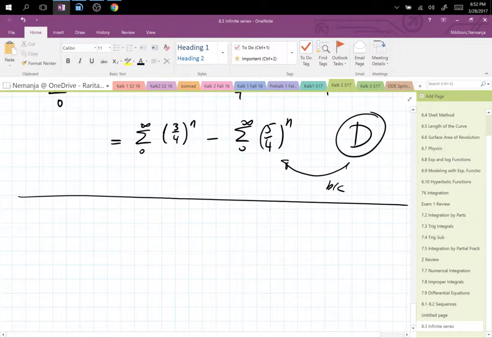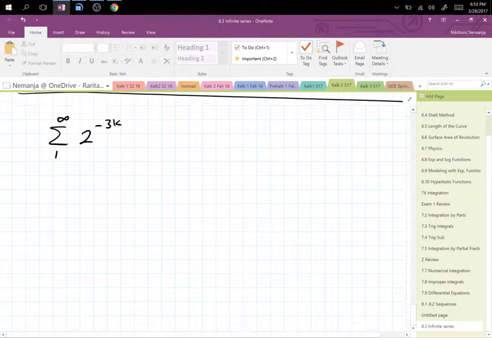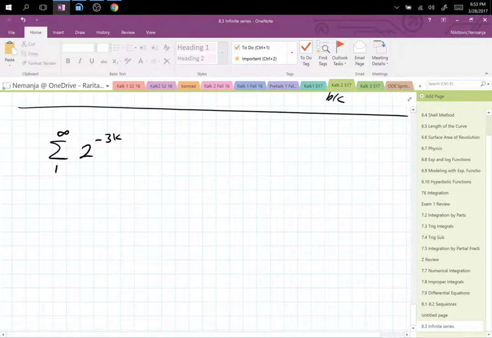This is problem 32. Maybe we should do two more examples. So how about this one? The summation of 2 to the negative 3k from 1 to infinity. Let's start there. This is your textbook, which is why I told you to get Larson.